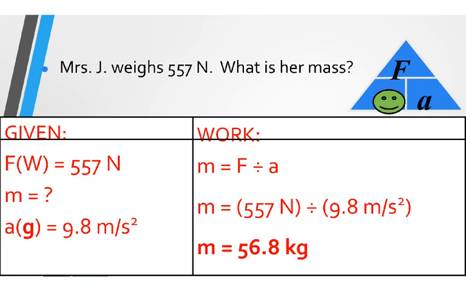For acceleration, since weight is the force of gravity, we're going to use 9.8 meters per second squared, because that is the acceleration due to gravity. So we're going to take that 557 newtons and divide it by 9.8 meters per second squared, which is going to give us a mass for Miss J of 56.8 kilograms, which is about 130 pounds or something like that, an average weight for a woman.